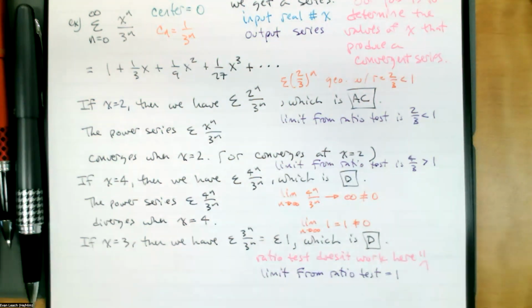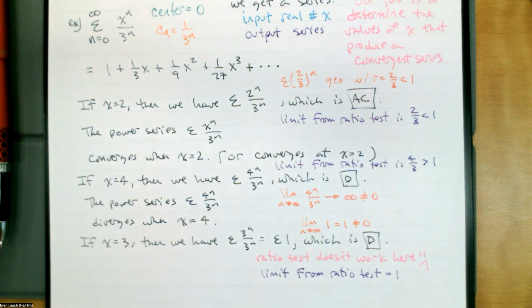That doesn't tell us anything. But we would look at the terms and say 1 does not go to 0. So the power series diverges when x equals 3.